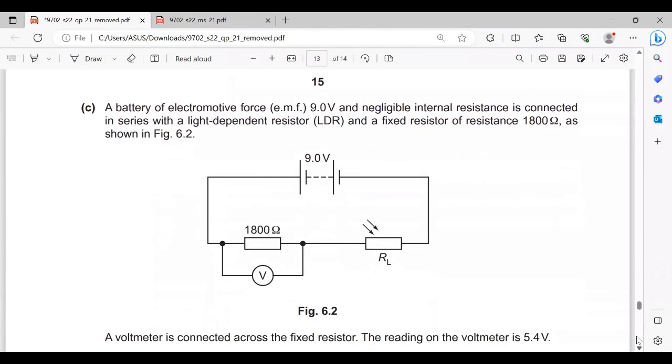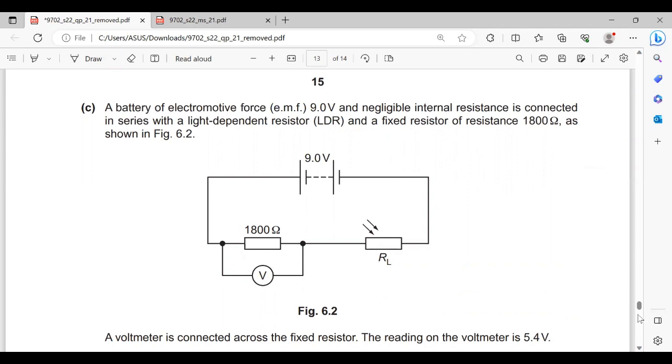Next, C. A battery of electromotive force 9 volts and negligible internal resistance is connected in series with a light dependent resistor, LDR, and a fixed resistor of resistance 1800 ohms, as shown in figure 6.2.